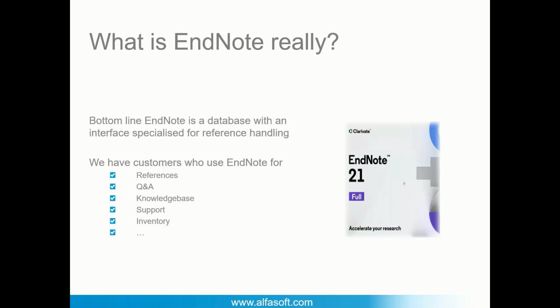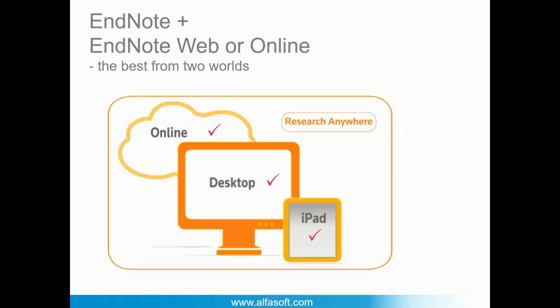When you buy an EndNote license, you get what we call the best of two worlds. You get more, but you can also stay in control. So you get access to EndNote, something called EndNote Web, which is an online service for your EndNote reference database, and I'll call it library from now on.